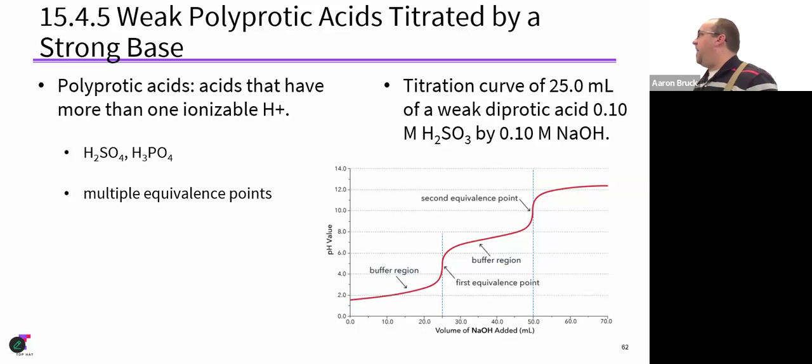The sulfuric acid titration curve is actually a unique one because it has two equivalence points. The first part of the curve looks like a strong acid curve because sulfuric acid's first deprotonation is a strong acid deprotonation. And so it starts very flat and then jumps real quick.